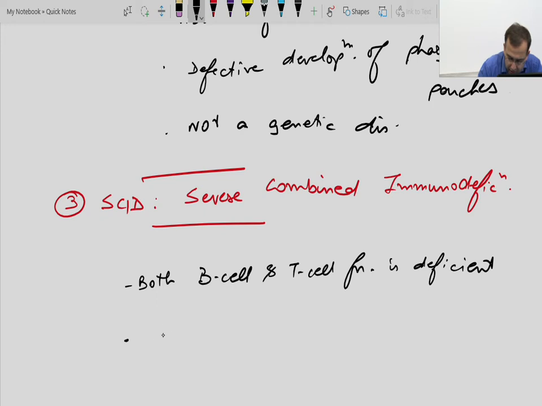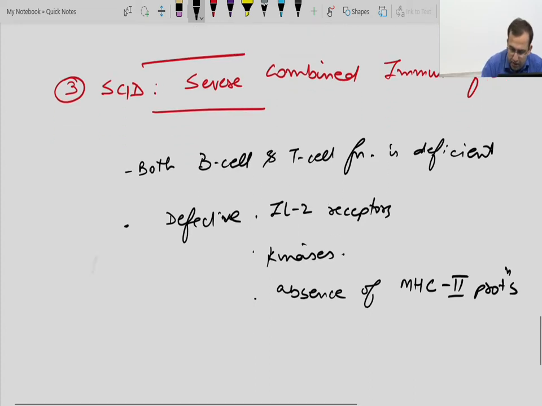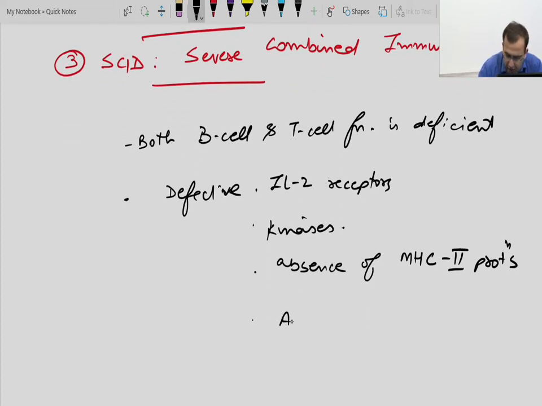This is either because of defective interleukin 2 receptors, or defective kinases, or absence of MHC class 2 proteins, or ADA deficiency.